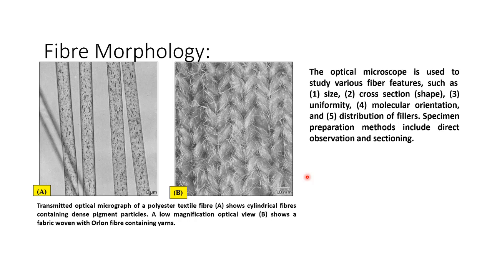Then coming to the applications. Suppose we want to see the morphology of a fiber. In the optical microscope, we will see this long fiber-like structure. But if we want a high magnification image of this, then we have to go to a higher objective lens. Suppose this is at 10x magnification, and this is maybe 100x; since it is not mentioned, I'm just guessing.